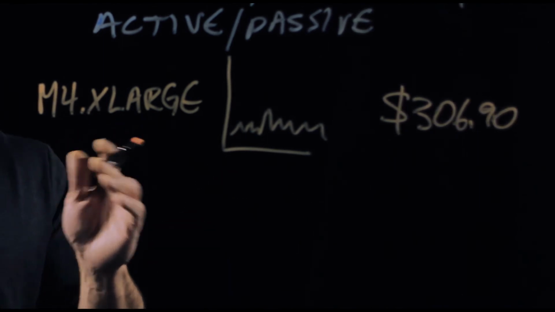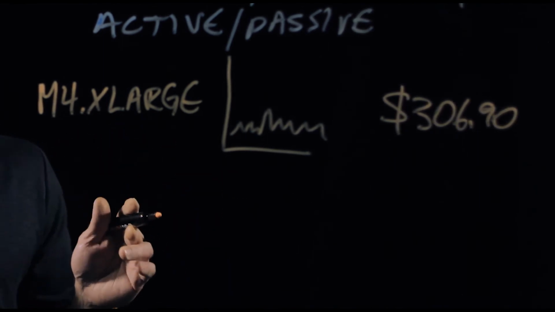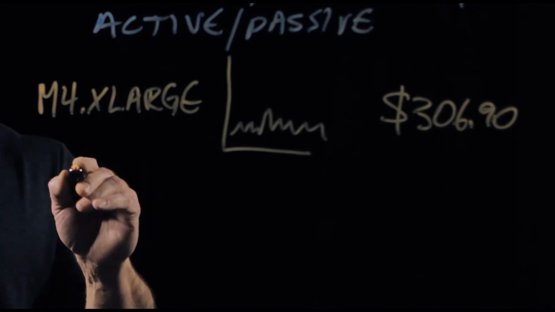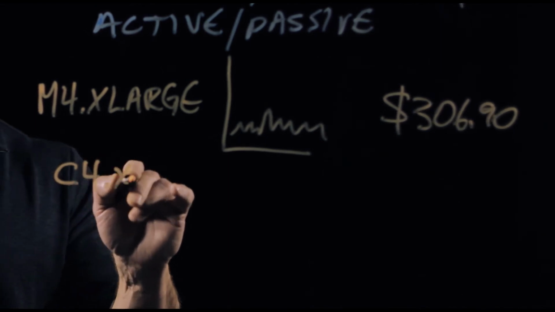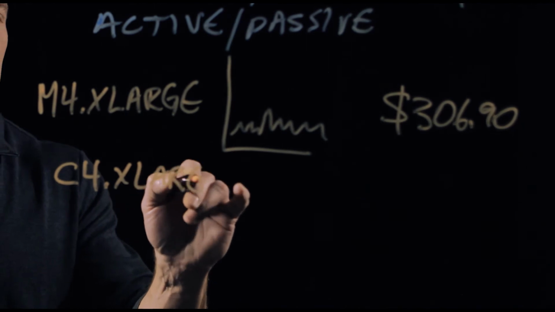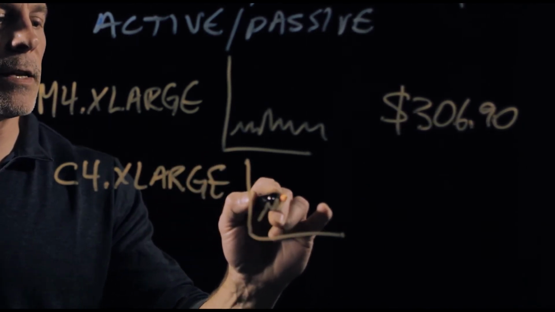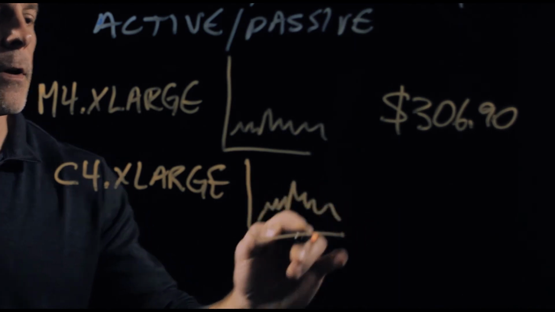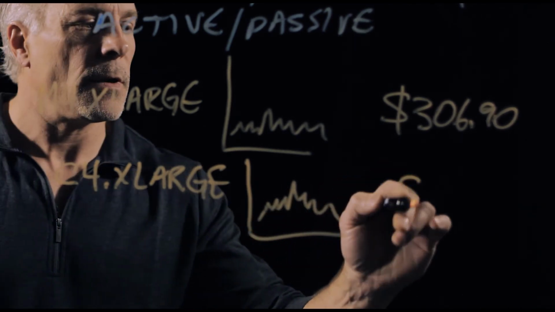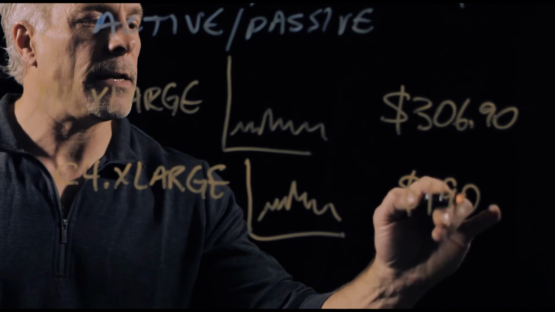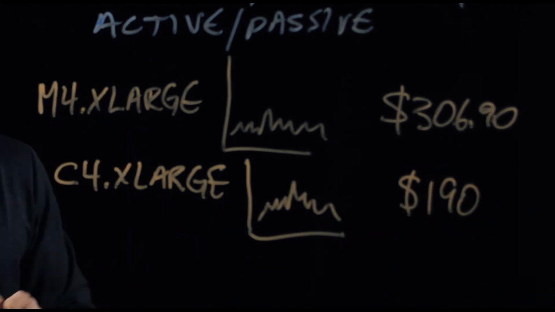Now, if we optimize that instance with all the workload metrics that we know, we might find that it fits safely inside of a C4 compute optimized extra large, and that workload curve might correspondingly get a little bit higher. But now we're down to $190 a month by moving from that oversized instance to a right sized instance.